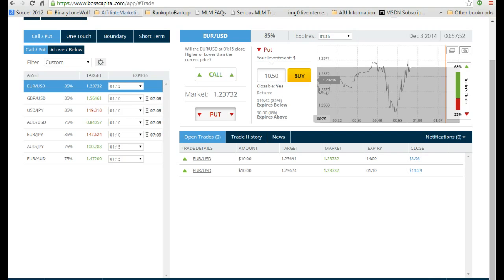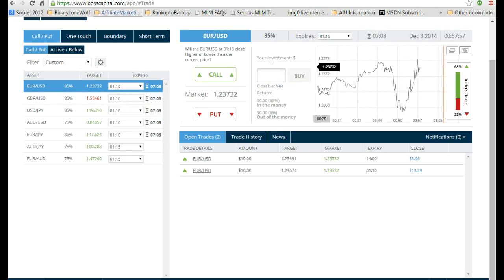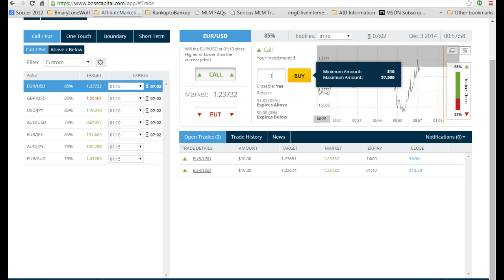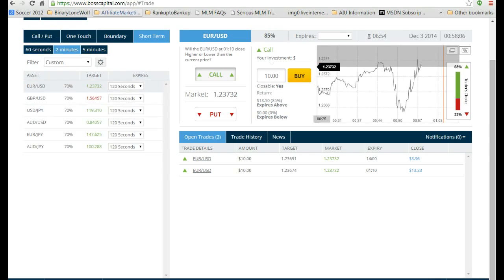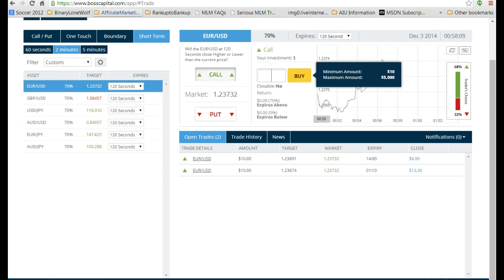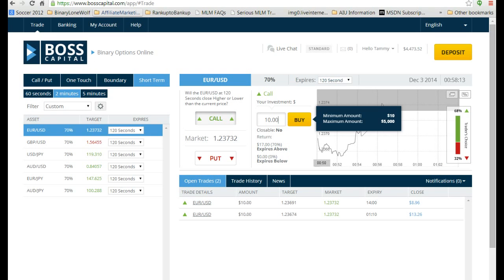At certain times of the day or with longer trades, you tend to get a higher rate of return on the trade, at 85%. If you notice right here, on the short-term trades, the payout is lower. It's only 70%.